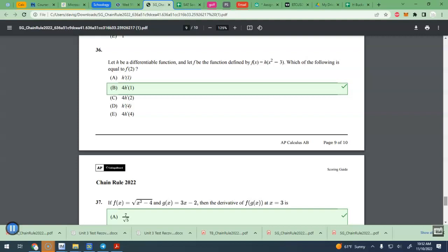So they're saying h is a differentiable function. So it could be cosine, it could be squared, it could be square rooted, it could be an e. What they're saying is that is your big guy, and then this is your little guy. So I'm going to take the derivative of that.